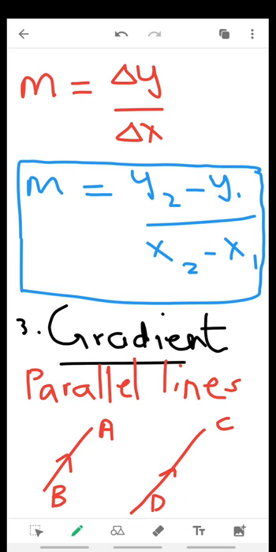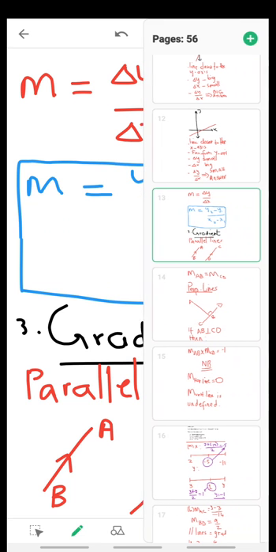Note it down: if line AB is parallel to line CD, meaning they have the same steepness, they will have the same gradient. I hope that is very clear.